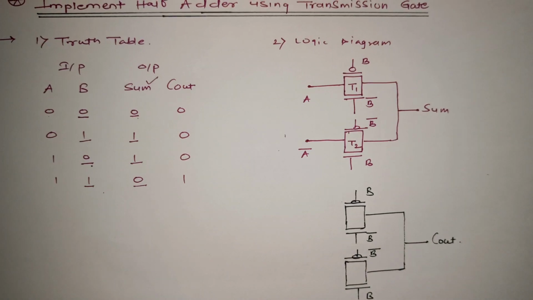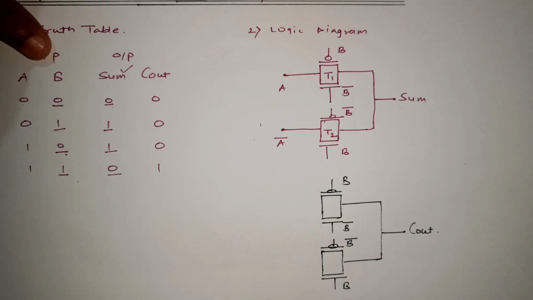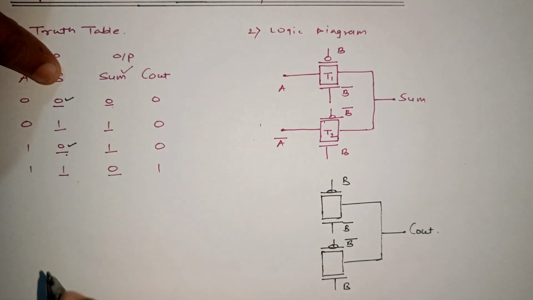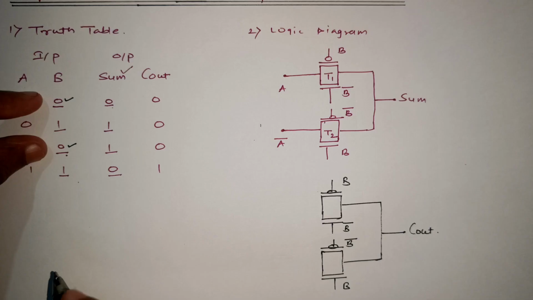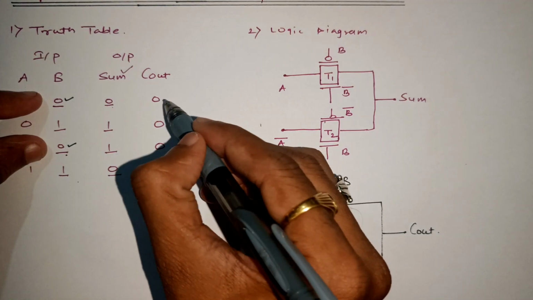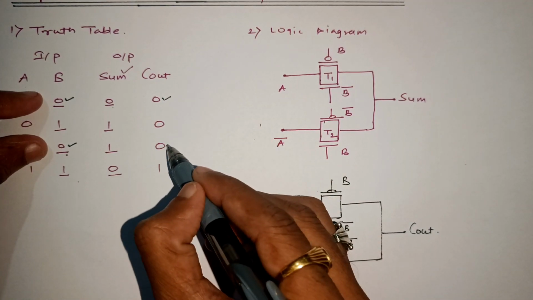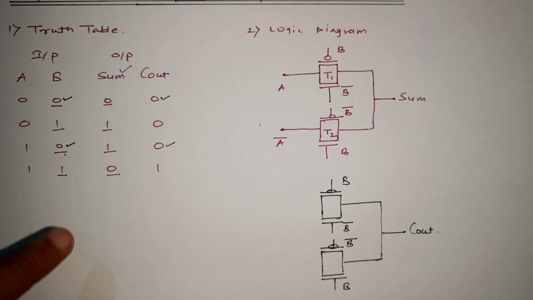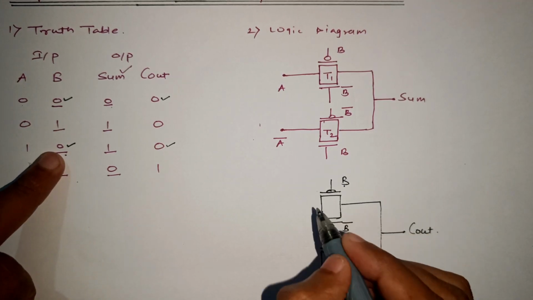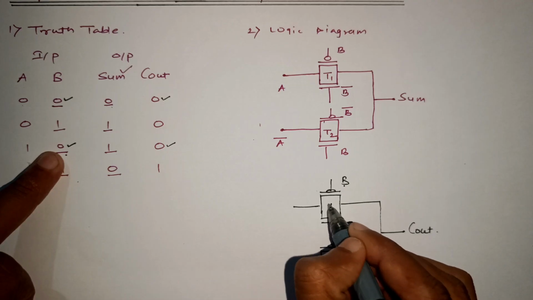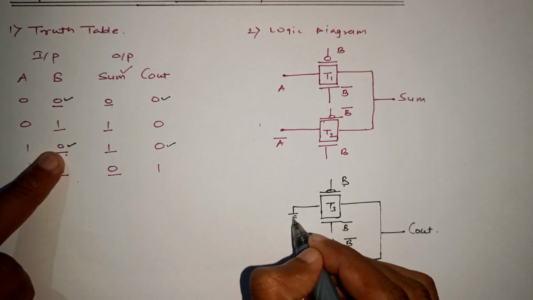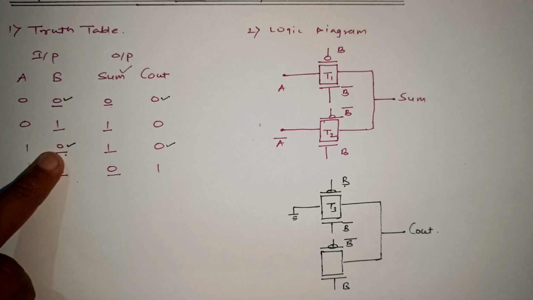Now let's see which input should be connected. Again the same approach. First let's start with when the control signal B is 0. If B is equal to 0, looking at the result, carry is 0 here and carry is 0 here, that means we are getting the same result. So we can conclude that when B is equal to 0, this particular transmission gate, let's suppose this is T3, should be connected with ground, that is logic 0.